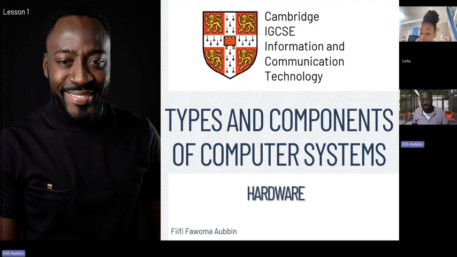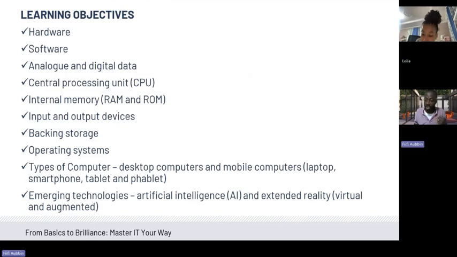Before we can fully exhaust this topic, we will need to go through hardware, software, analog and digital data, central processing units, internal memory, which is the RAM and the ROM, input and output devices, backend storage, so your storage devices that you back up stuff on, operating systems, and types of computer, which is the desktop and mobile computers.